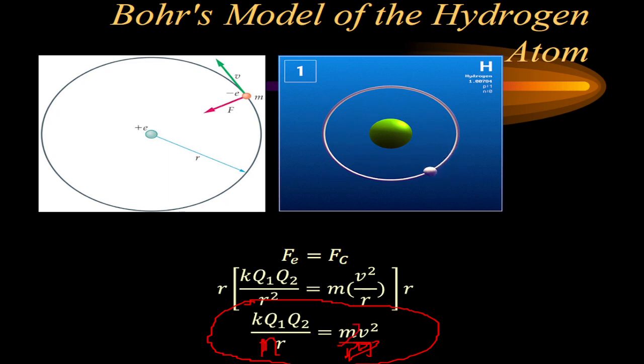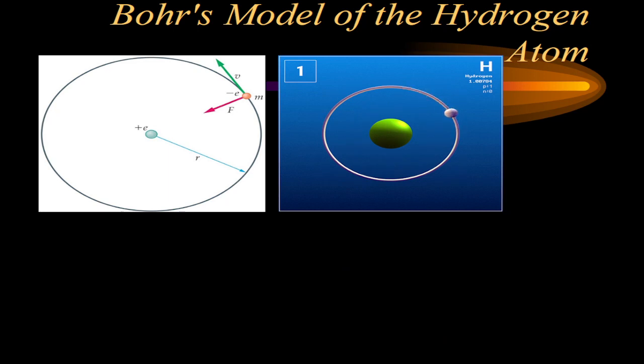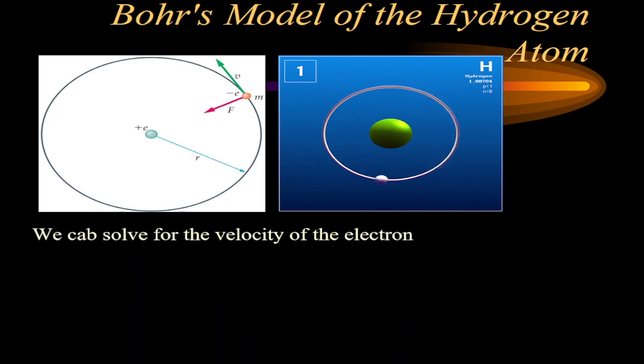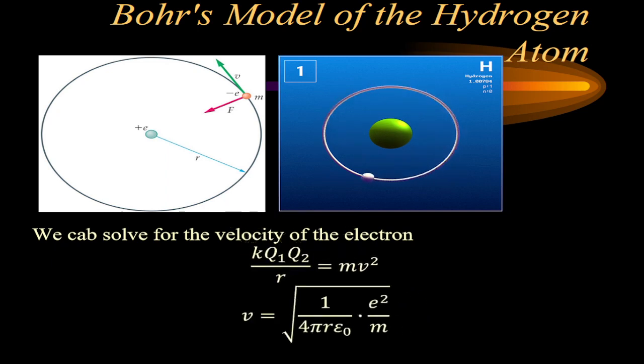You'll see that m will cancel out, and v squared is isolated here, but we're not done yet. We'll have to take the square root, and I'm gonna show you that in the next slide. So we start from this, and we isolate v and take the square root of both sides. So this is the formula for the velocity of the electron.